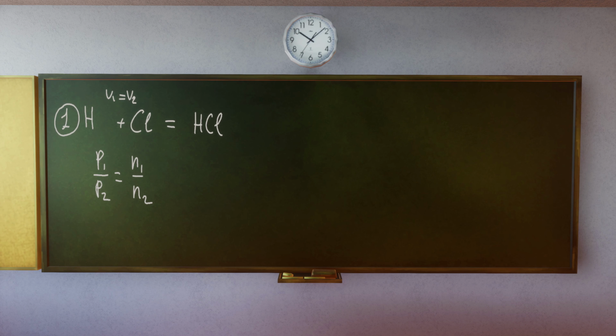Well, we're back at our desk again, along with all the data. So here is the first reaction: hydrogen plus chlorine, and the product is hydrogen chloride. Well, what's the difference between these reaction pressures? 1/2.